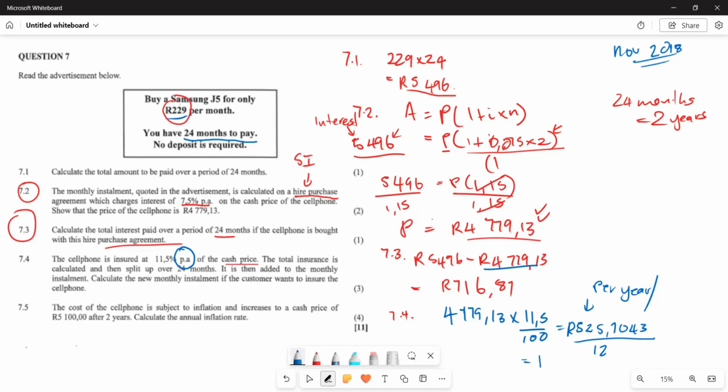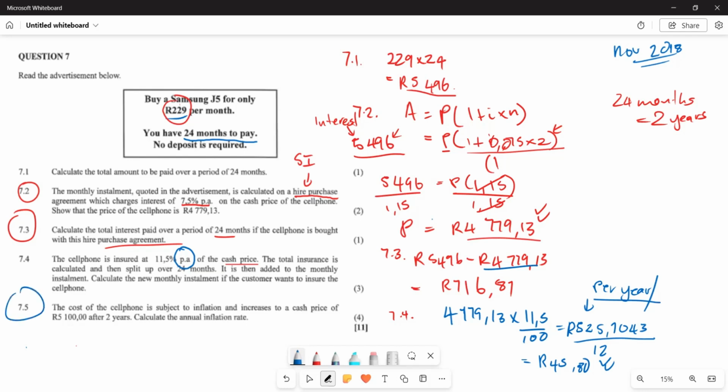When you divide by 12, the answer that you're going to get is 43 rand 84 cent. So the money for the insurance is 43 rand 84 cent altogether. And please take note that the 525.7043 is the value of the insurance per annum, which means per year, including the installment. Whoever is buying this cell phone is also going to pay the insurance of this amount altogether. That's the reason why we're dividing by that.